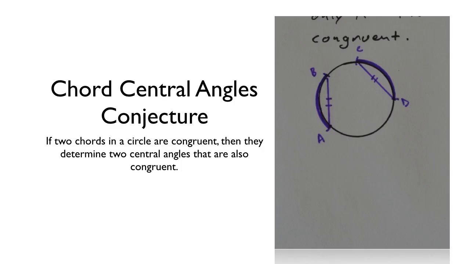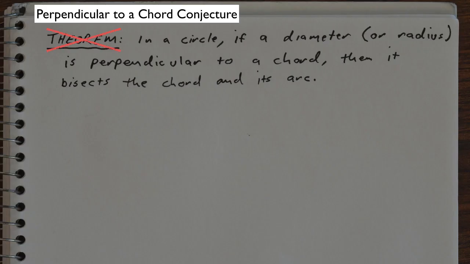A related conjecture is called the chord central angles conjecture. It says if two chords are congruent, then the two central angles that created them are also congruent. So those central angles would be congruent as well. Next conjecture is called the perpendicular to a chord conjecture.